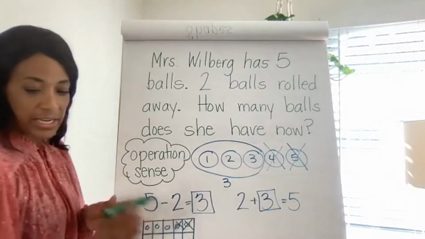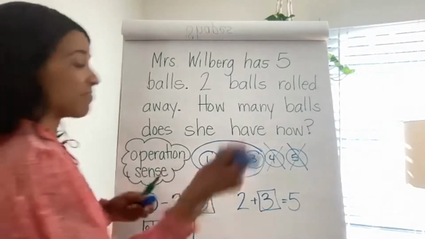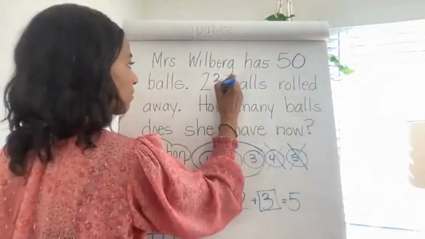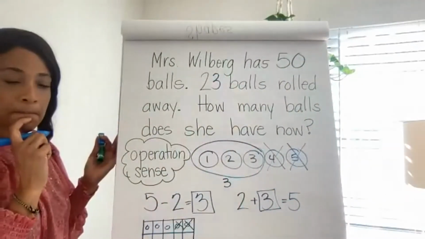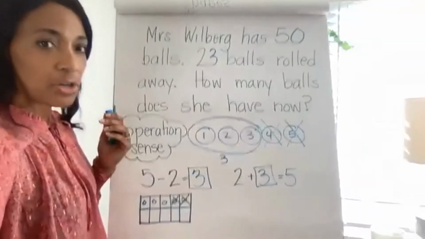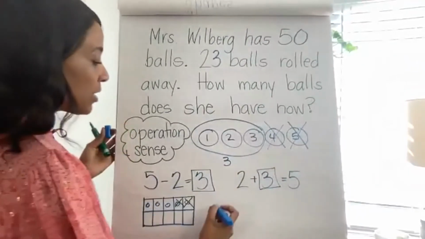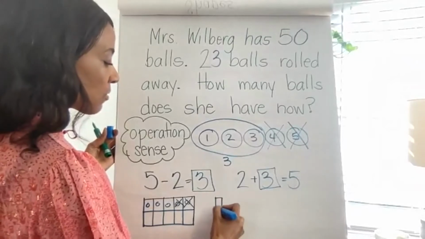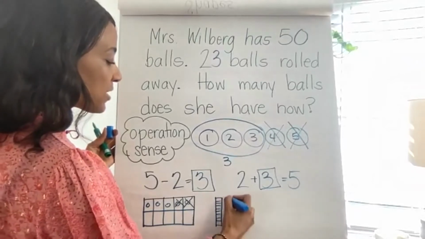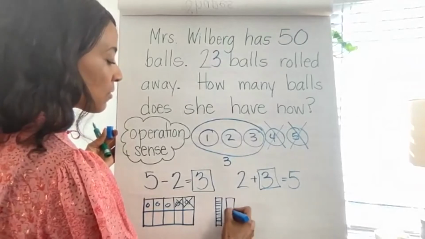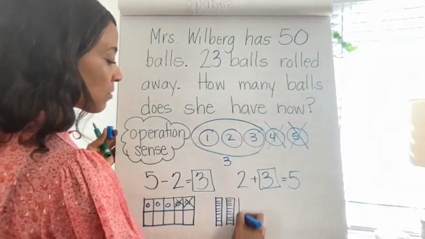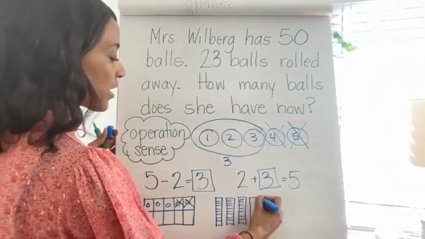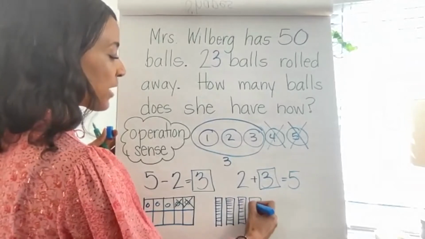So let's say, for instance, the numbers are 50 and 23. If the numbers are larger, some students might use base 10 blocks to represent that 50. And they might subtract using these base 10 blocks.